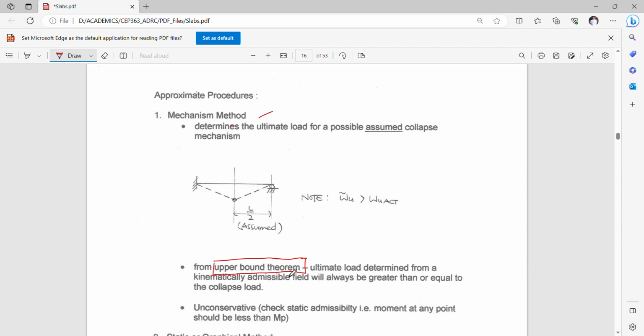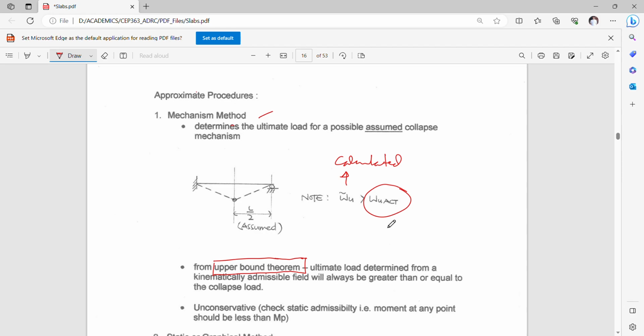theorem, wherein the ultimate load that is computed, so this is the calculated load, is always greater than the expected or the actual load we expect to be carried by the structure.